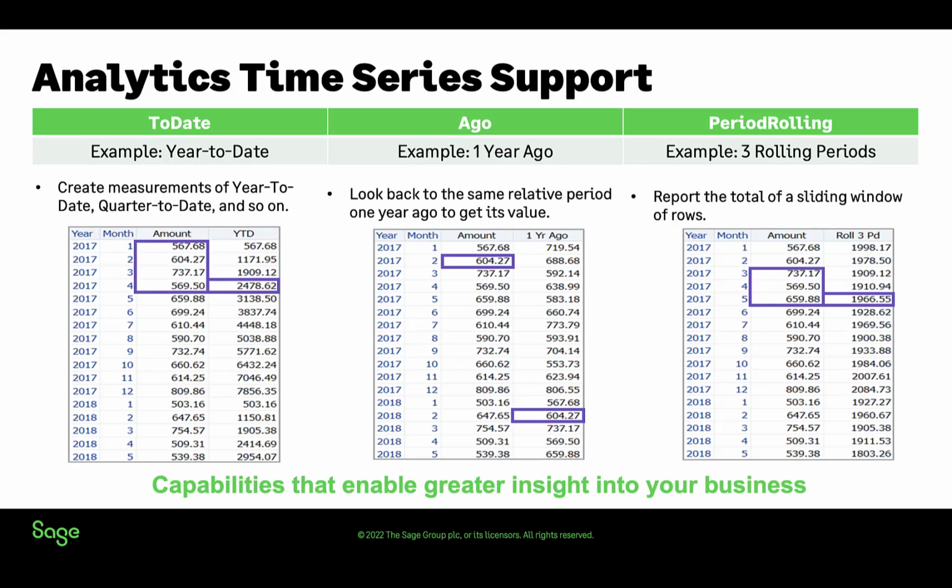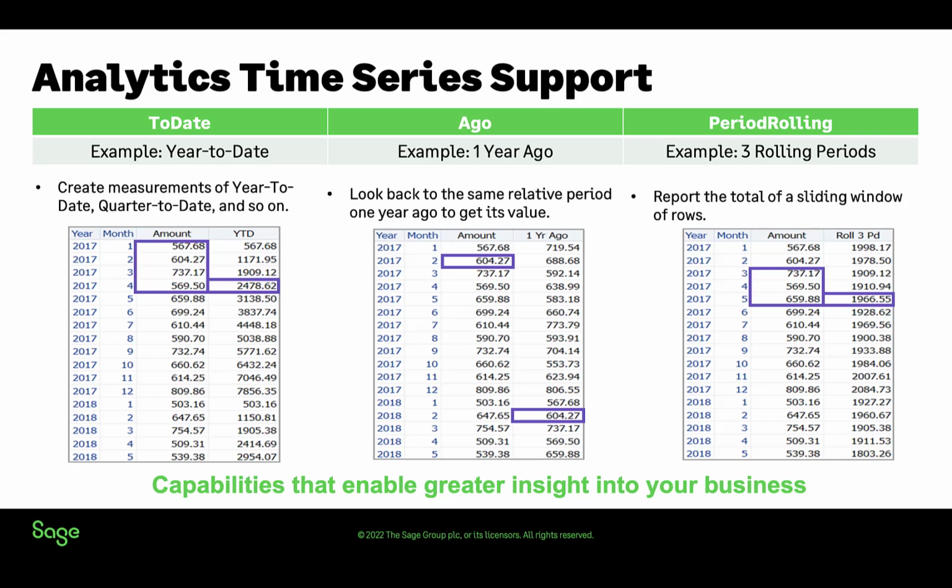2022 Release 2 includes the ability to leverage analytics time series calculations in Interactive Custom Report Writer and Interactive Visual Explorer. To-date calculations can be used to show year-to-date, quarter-to-date, month-to-date totals, and more. Ago calculations can be used to compare relative period totals.